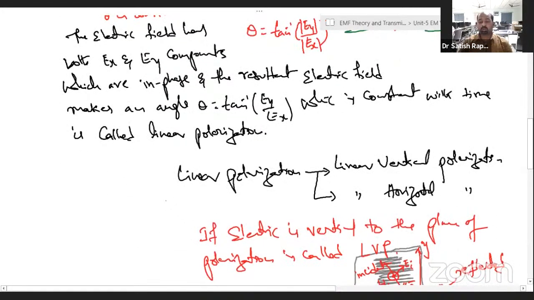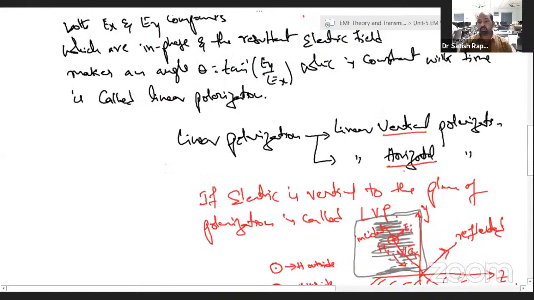Depending on whether the electric field is vertical or horizontal, we have two subtypes: linear vertical polarization and linear horizontal polarization. When the electric field is vertical, it is linear vertical polarization. When the electric field is horizontal to the plane of polarization, it is linear horizontal polarization.